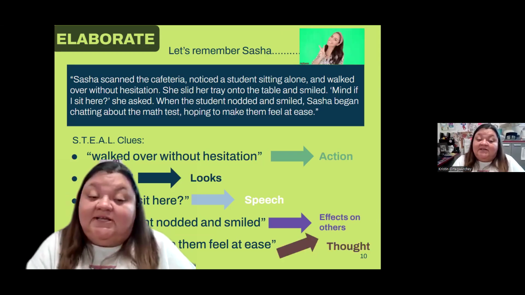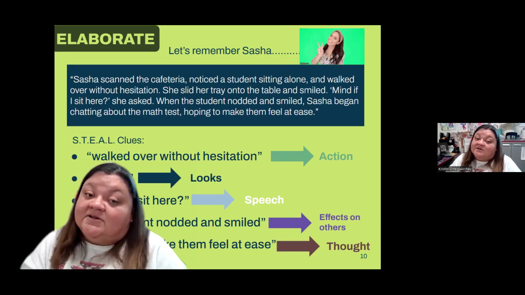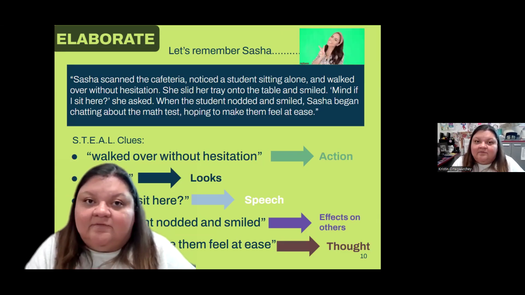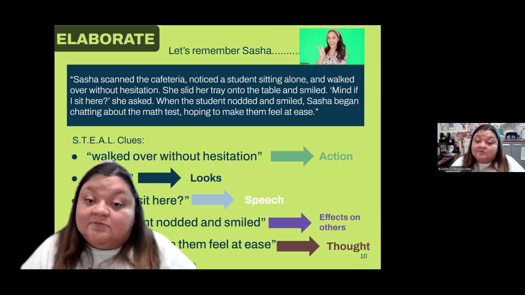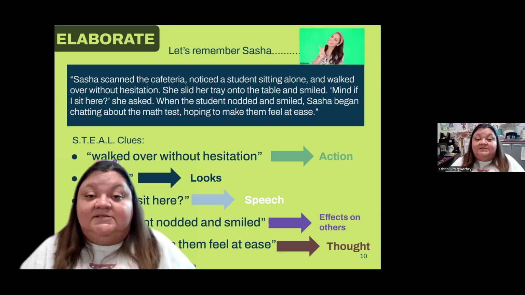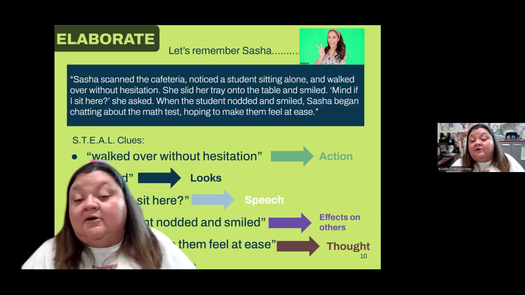And this one in particular is thoughts. Hoping to make them feel at ease. Sasha didn't say out loud, "Oh gosh, I'm hoping to make her feel at ease." Instead, this is what she was thinking. These were the thoughts in her head. This was her motive, and it tells us a lot about her character.